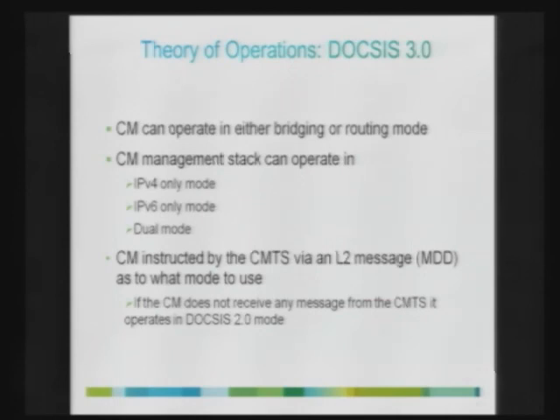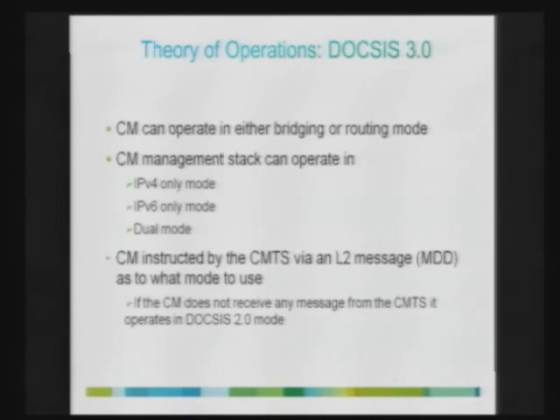And as far as the management stack, that is the CM management IP stack, is concerned, it has three different modes available: IPv4 only mode, IPv6 only mode, or dual stack mode. And dual stack mode will be helpful, as I mentioned, during the transition phase, right?